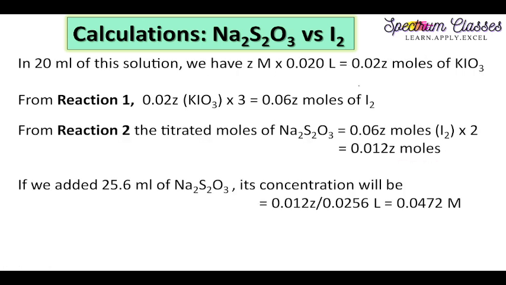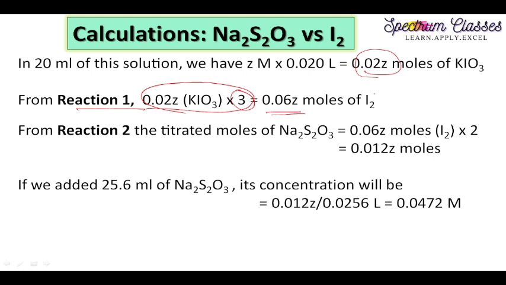Now coming to the next point. So this we have carried forward from the previous equation. So in reaction number 1, where KIO3 plus I minus plus H plus gives you 3 iodine, this many moles multiplied by this 3. So I multiplied there only. You can write it down in your notebook and then you can understand how we are doing this.